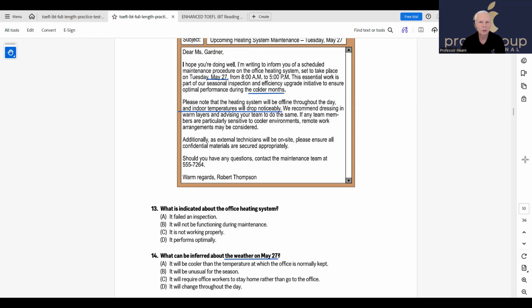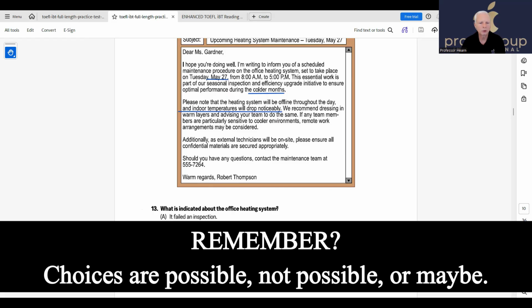Now let's take a look at our choices and eliminate those that are not mentioned or are different from the information stated in the passage. Choice A, it will be cooler than the temperature at which the office is normally kept. Well, you know what? I'm not sure. I know that it says that the indoor temperatures will drop noticeably, so there's something about being cooler.